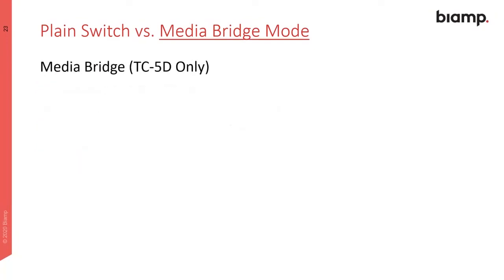Okay, so let's move on to the media bridge mode, which is supported on the TC5D only. Anytime you need a media bridge mode, you are allocated only with the TesiraCONNECT 5D. AVB, control, Dante, and AES67 supported by Dante can be implemented into the system.